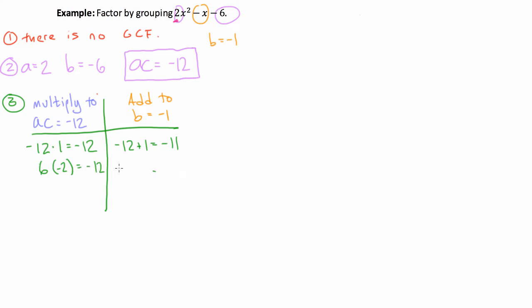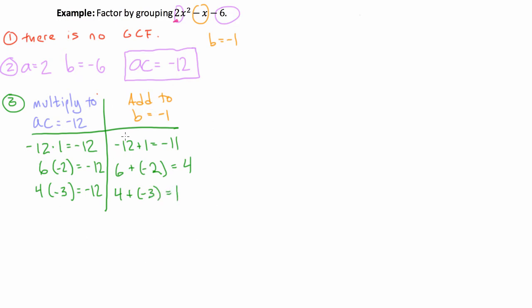I'd love to see a chart of incorrect guesses, because that means you've been trying this. You have to let yourself have some wrong guesses. So these aren't working, but that's okay. I'm making progress. 4 times -3 is -12. 4 plus -3 is +1.